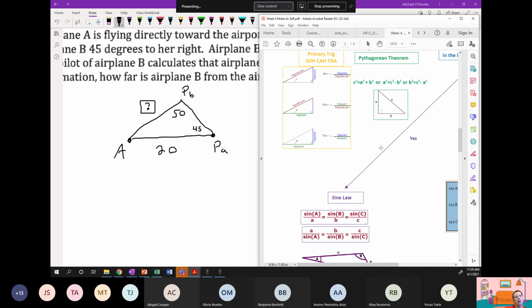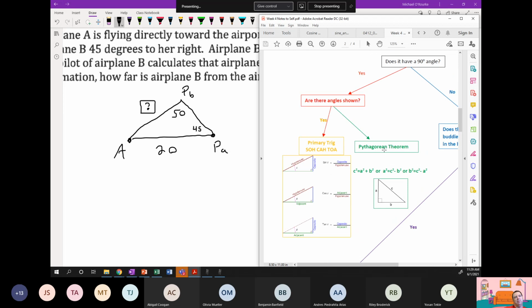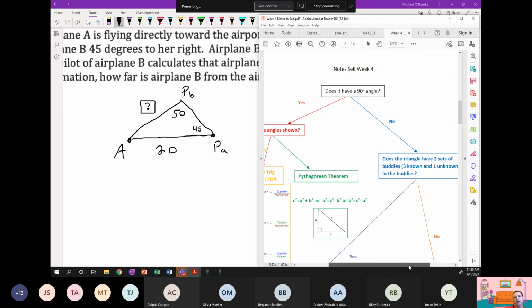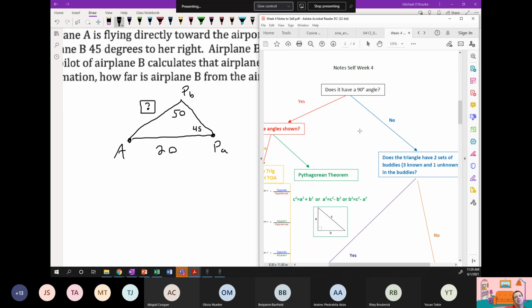Now let's go to our chart here, our thinking chart. And Farley, do we want to leave Farley in charge of this again? So does our triangle have a 90 degree? Is that a no, you don't want to be in charge of it, or no 90 degree, Farley? Pardon me?